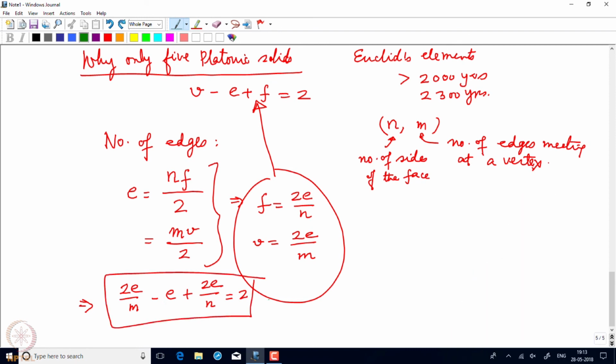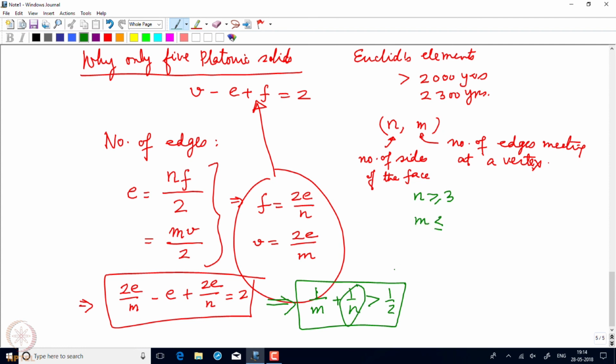So from all this you can conclude that 1 by m plus 1 by n is strictly greater than half, and certainly the number of sides at each face has to be greater than or equal to 3. So n is greater than or equal to 3, and in order to maintain this inequality one has to have that m is less than or equal to 5.